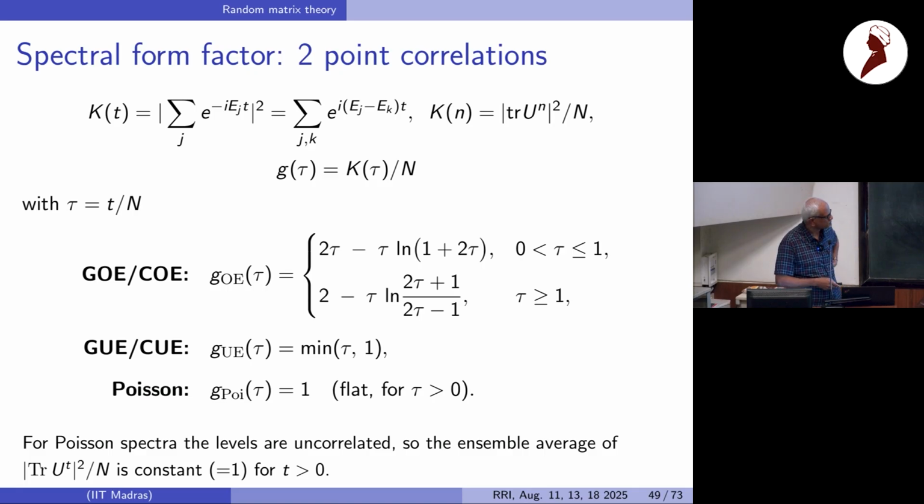Okay, so now let's use the models which we have introduced in the previous lectures and calculate them. When you diagonalize a standard map, find the eigenangles, and calculate this, you will find that it doesn't fit any of these.